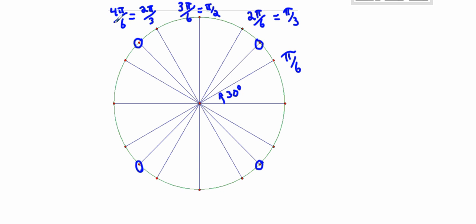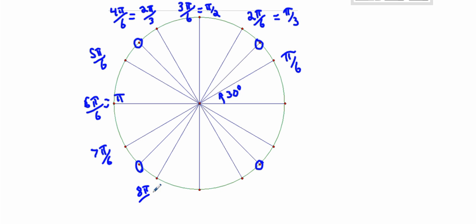So 4 pi over 6, next one will be 5 pi over 6. Next one will be 6 pi over 6. Again, that reduces down to pi, followed by 7 pi over 6. Remember, I'm skipping my 45s.